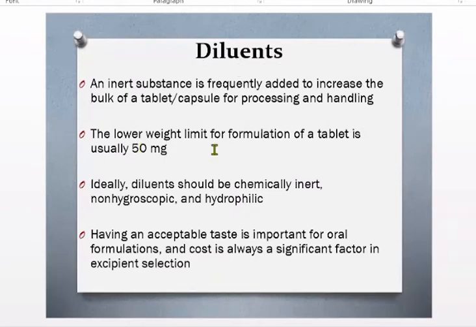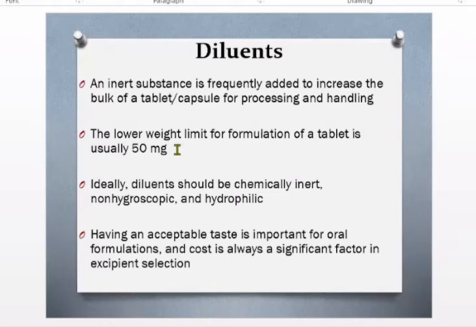So you've got 5 milligrams, 10 milligrams, and so on. So if you were to attempt to manufacture tablets of only active ingredient which are less than 50 milligrams, the tableting machines available will not be able to accommodate that figure.